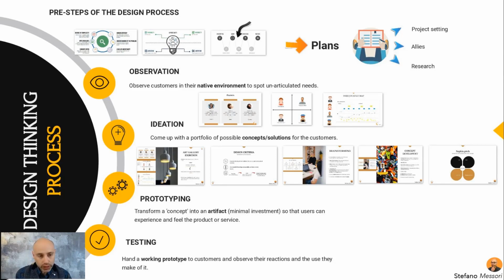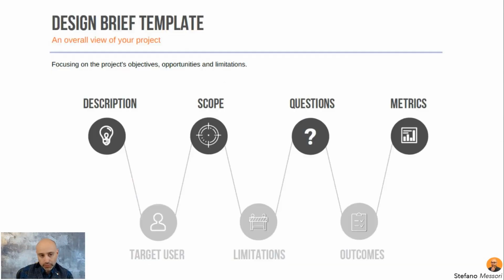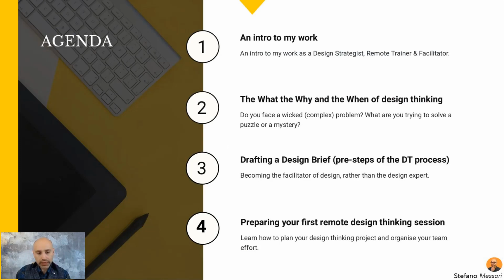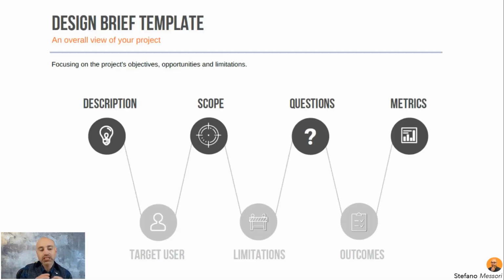Okay, so if we are now talking about the design brief template, what are the basic components of any design brief template? Well, the first step, which seems obvious, and I suppose is what is done when there is any new initiative, doesn't matter if it is design or not, is that you need to come up with the description.